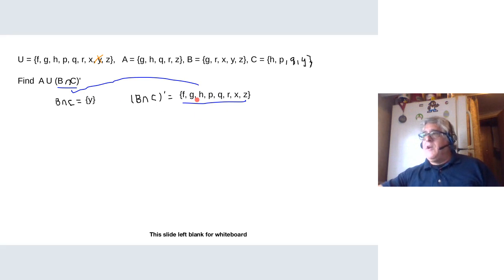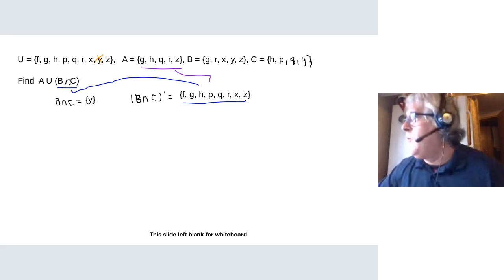Now we got to union this with A. In other words, we got to take this set and this one here and put them together as one, like one big happy family. All right?